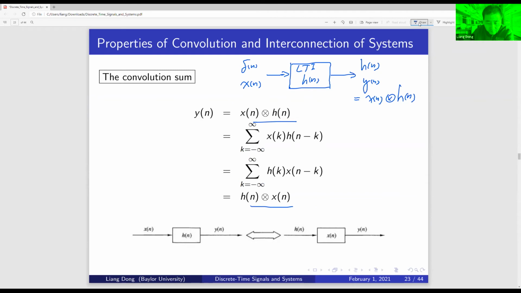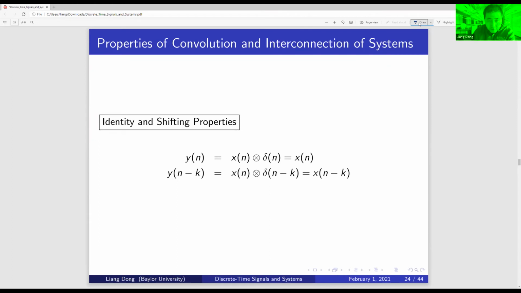We can have the picture where the input signal xn going through the system, indicated by the impulse response, gives me yn. I can also think of it as hn coming into this linear time invariant system described by xn, which also gives me yn. So this block diagram indicates a convolution.